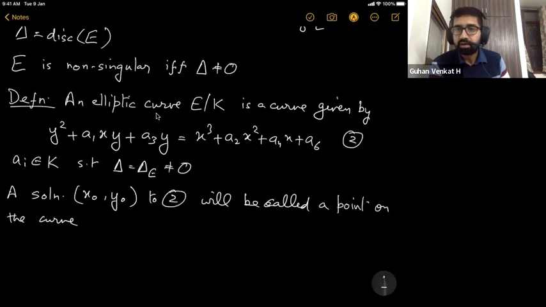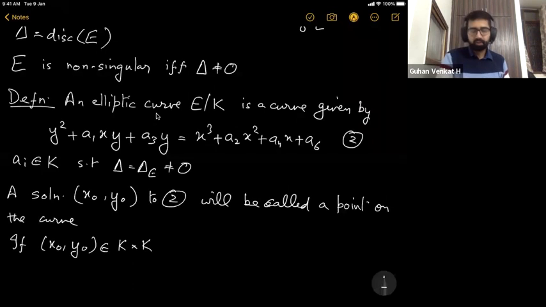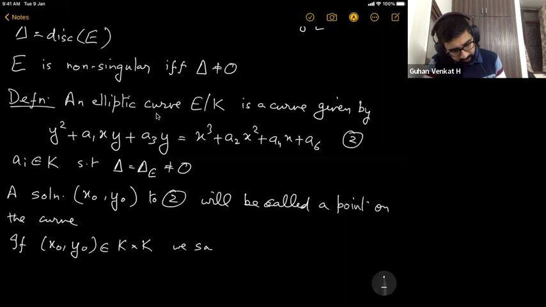And if it so happens that both x0 and y0 take values in k, you write this as k cross k, so both x0 and y0 are elements of the underlying field k, then we say that the point P, x0 comma y0, is a k rational point on this elliptic curve E.